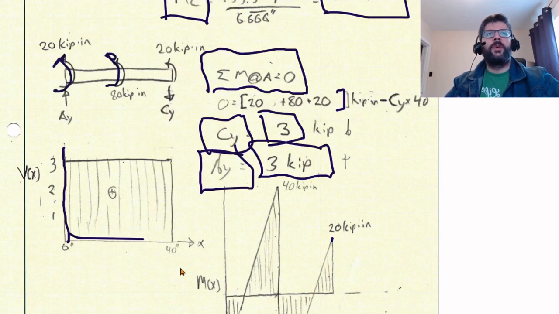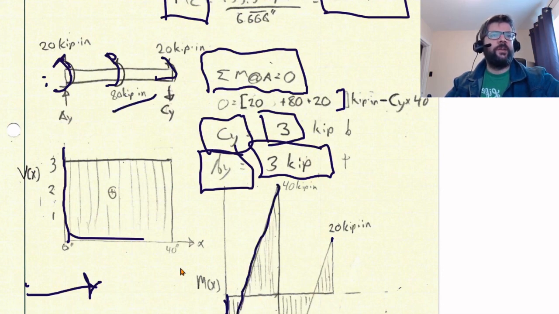So again, keeping in mind that when you're moving from left to right and you encounter a positive moment, that drops your internal moment. So we have a positive one here, so that's going to drop us down here. And then we just continue increasing at this constant rate until we hit the 80 kip inch one.